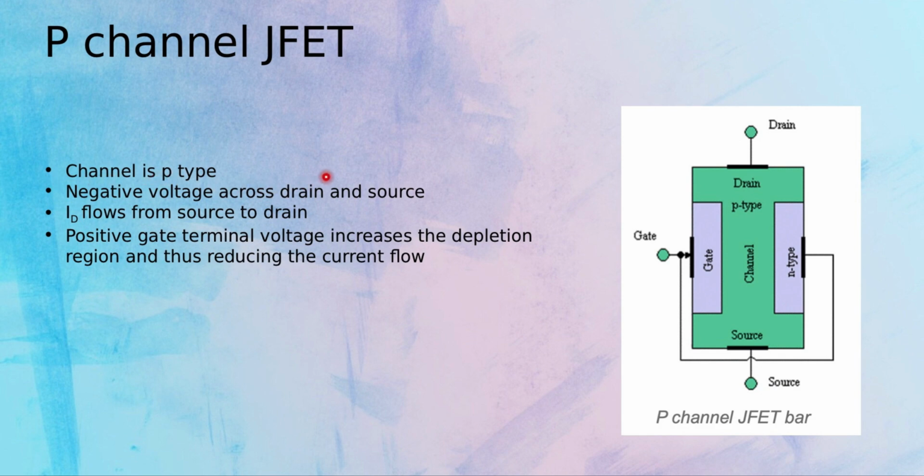So now what happens if I apply a positive voltage in a P-channel JFET? The same happens. When we apply positive gate voltage, the depletion region increases, so the resistance also increases and the channel width decreases, preventing current flow in the JFET.